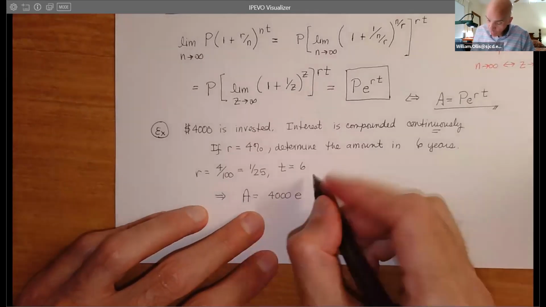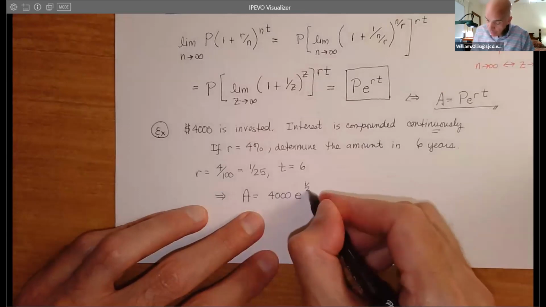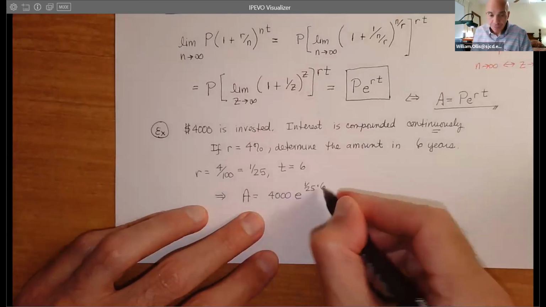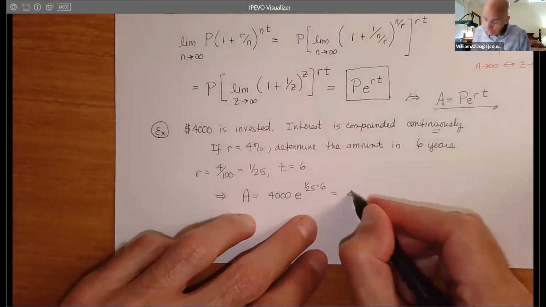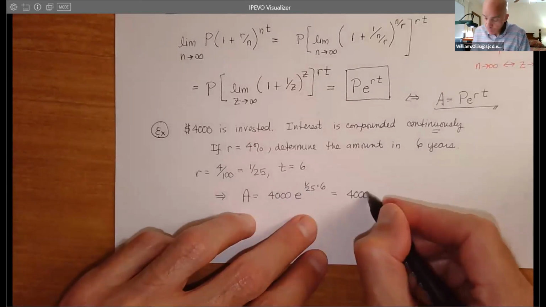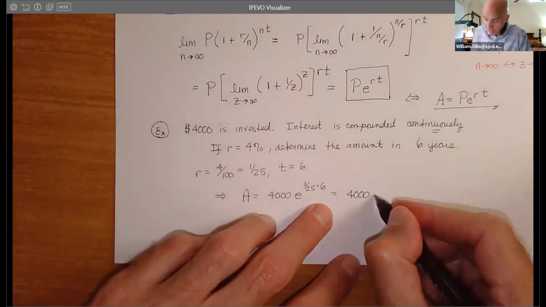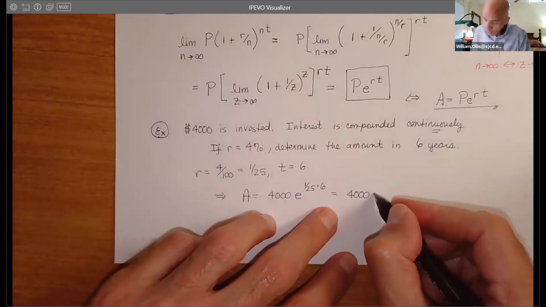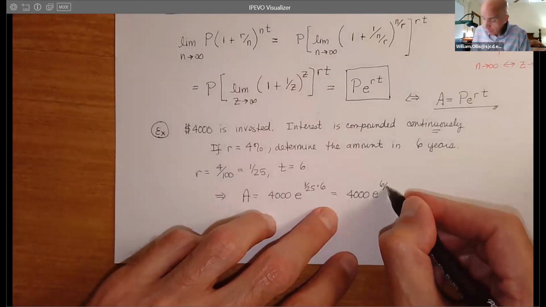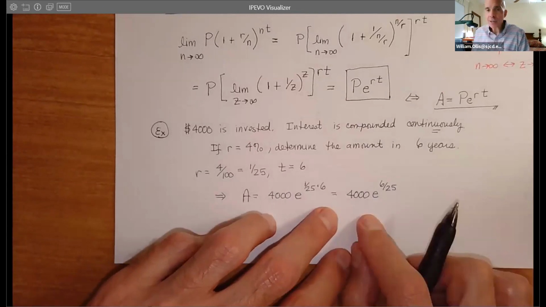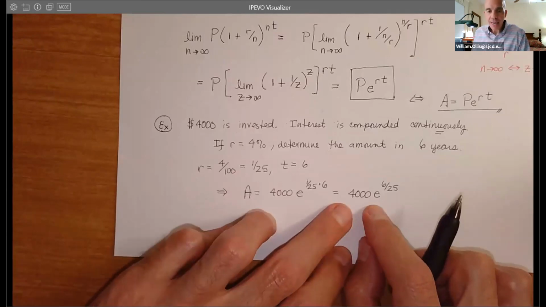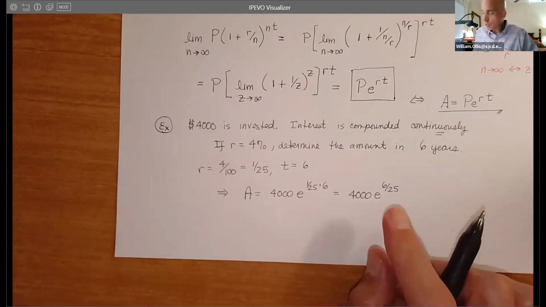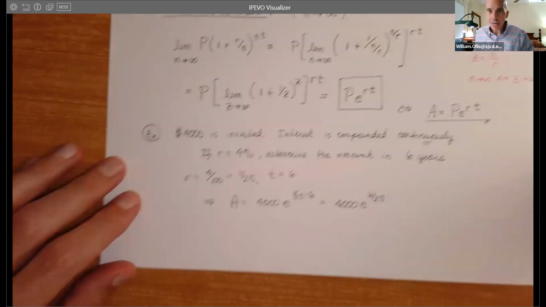So we have 1 over 25 times 6, or if you will, using the laws of exponents or just basic arithmetic, 4,000 e to the 6 over 25. And this would be an exact rendering of the actual amount. Again, we have a client and we want to make sure that we give them a good approximation of this.